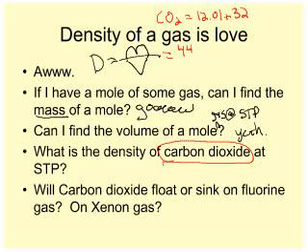So my mass is 44.01 grams over 22.4 liters. Now, density is a constant. No matter what you have, it's always going to be a ratio of mass over volume. As long as I choose the mass of a mole and the volume of a mole, then I will know what the mass and volume numbers are. So as long as I think of it as being a mole, I'll get it.